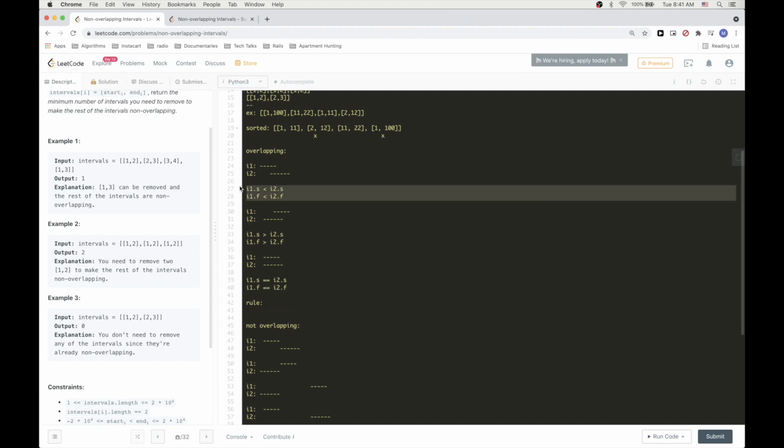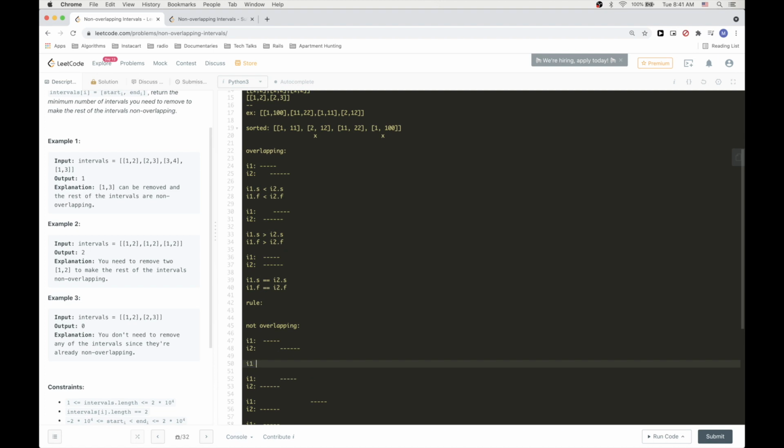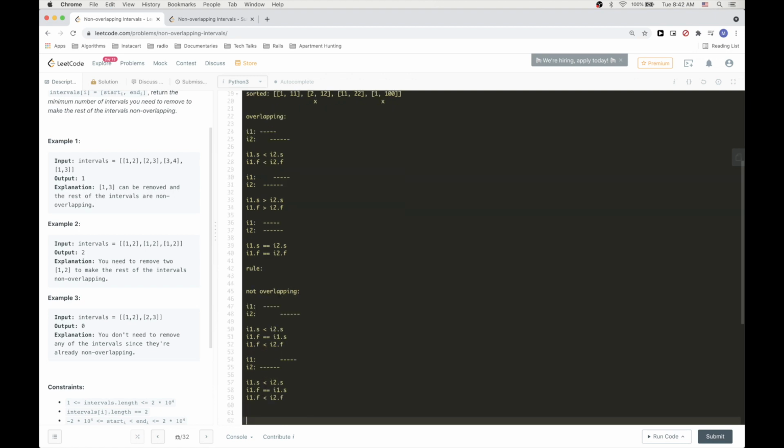So we could do, so this one though, non-overlapping, I1 start is smaller than I2 start, but I1 finish is equal to I2 start, and then I2 finish is smaller than I2 finish, right? Similar thing here, except the reverse.